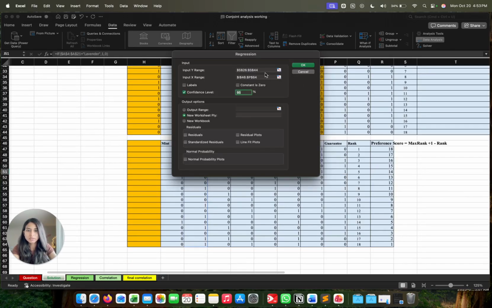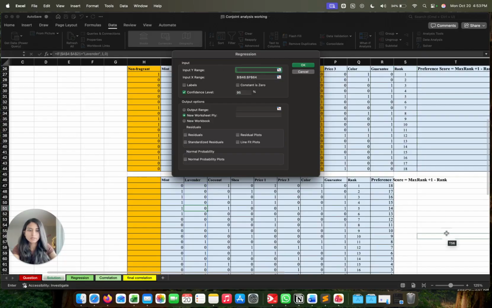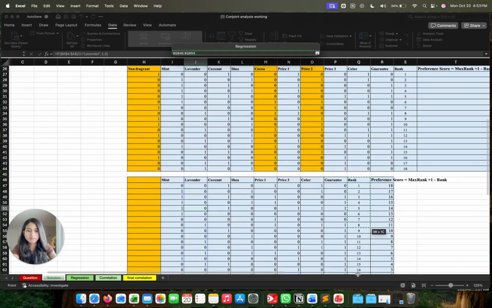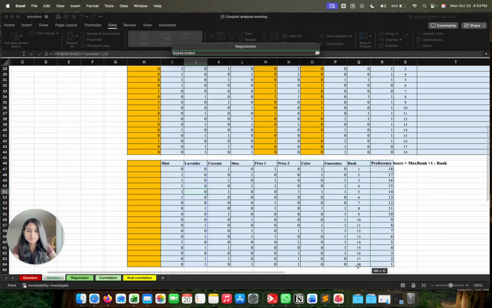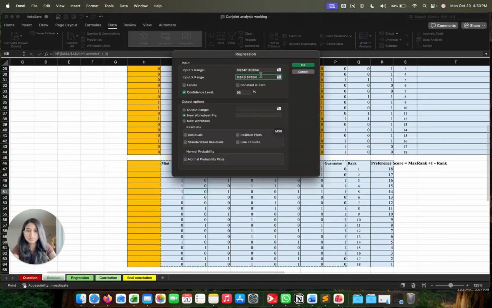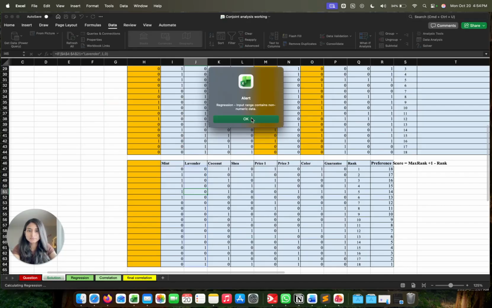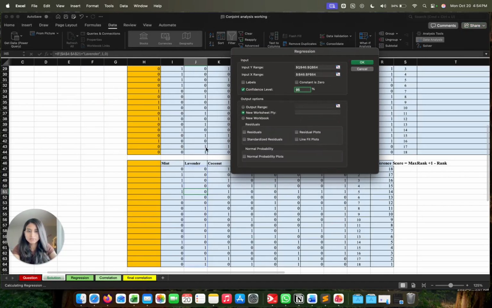So do the regression where the y variable is our rank here and the x is all the attributes that we have. We are taking the confidence level as 95%, and we are putting this on a new worksheet. Okay, it contains non-numeric data, so I have selected even the labels there.